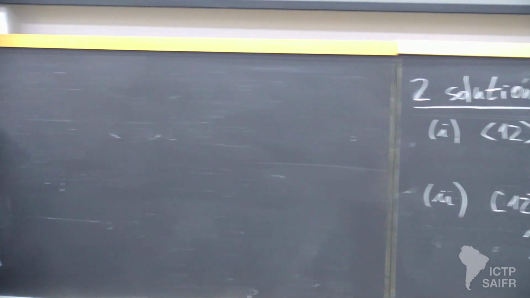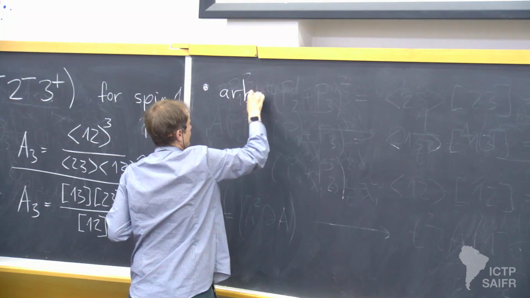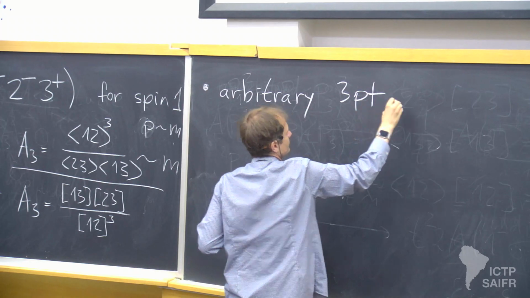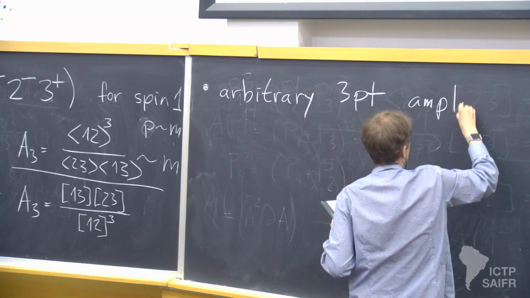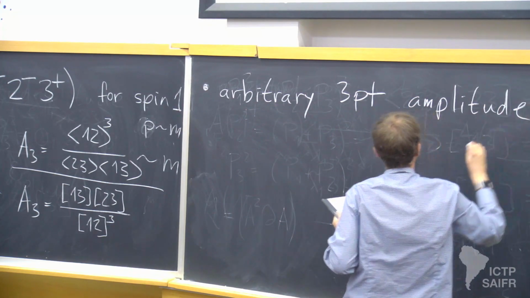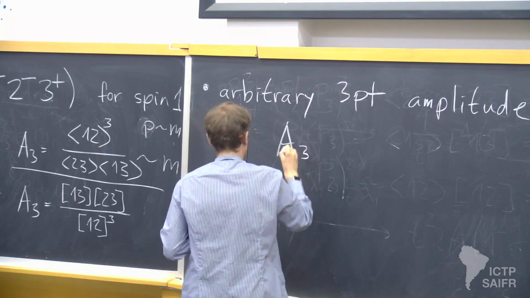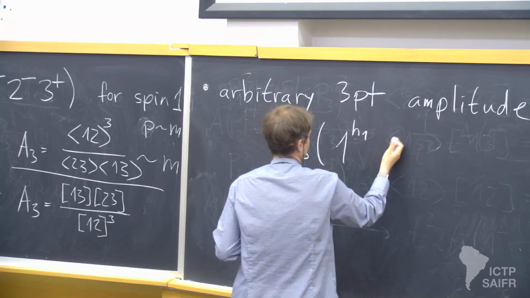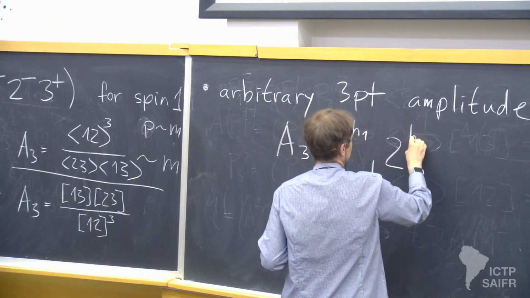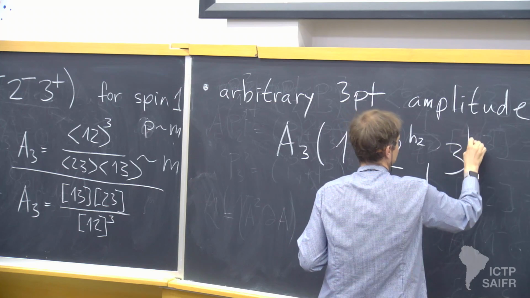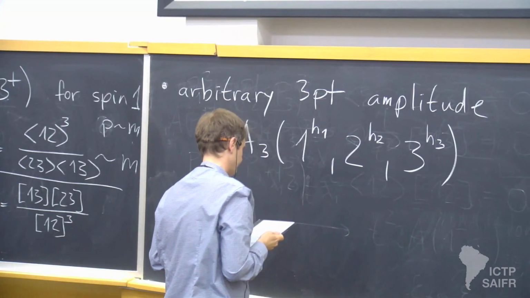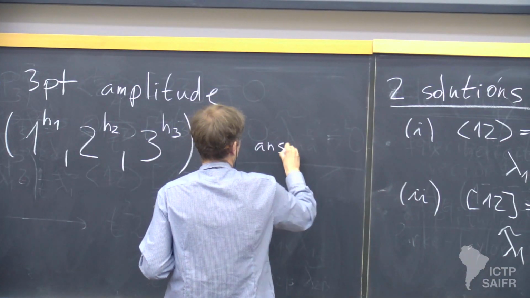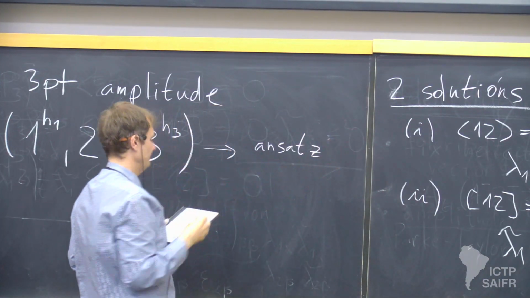So arbitrary three-point amplitude which has helicity H1, helicity H2, and helicity H3. You make an ansatz, the same as we did here.